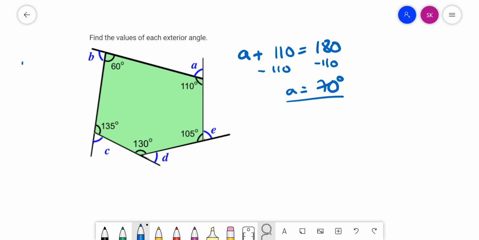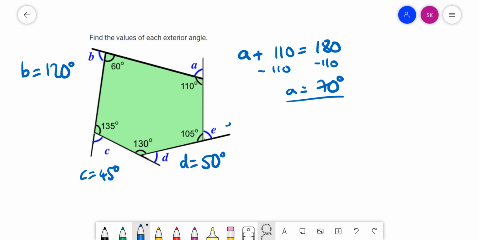B is going to be 180 minus 60, which is 120 degrees. C is going to be 180 minus 135, which is going to be 45 degrees. D is going to be 50 degrees because it's 180 minus 130.